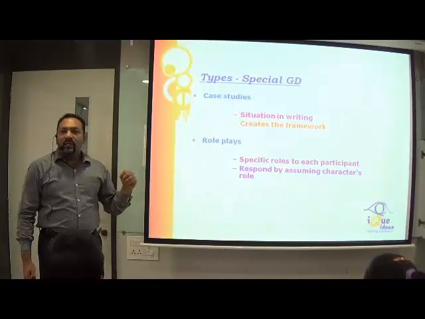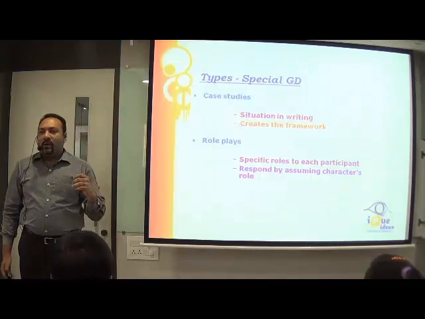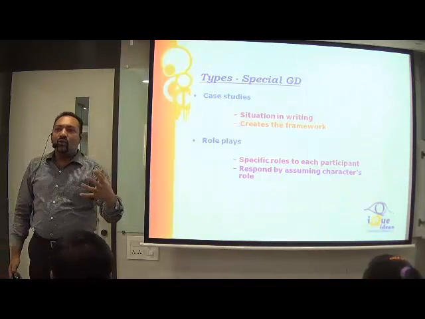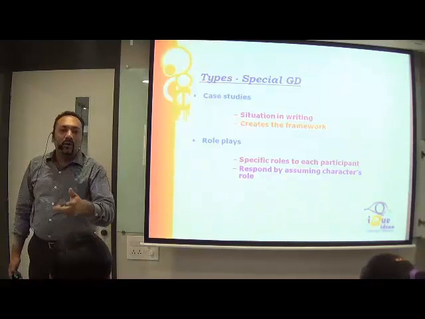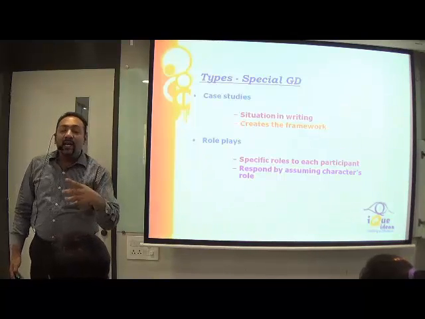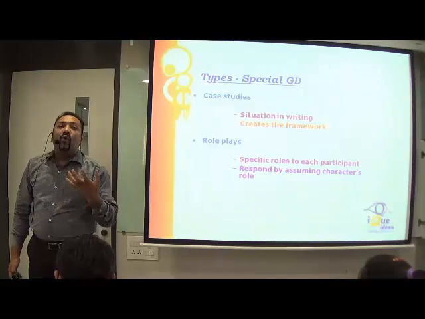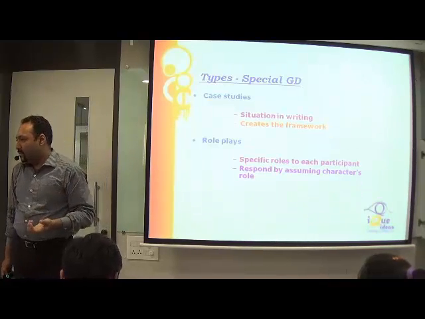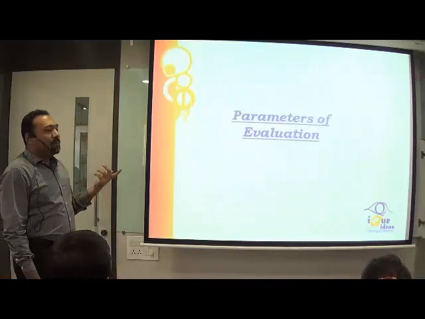Or I can also ask a role play to be done, where I ask one person to go to each of the 7 remaining candidates and sell a comb. I give this chance to each one and try understanding and analyzing who behaves in what fashion in a group of people. That is also analysis. These are the types of GDs.